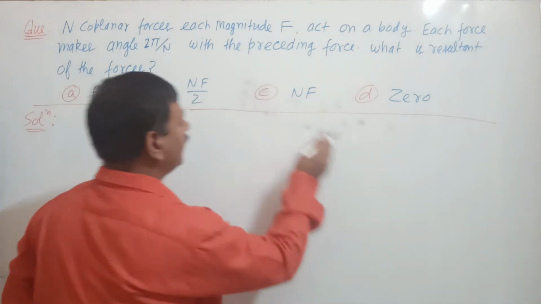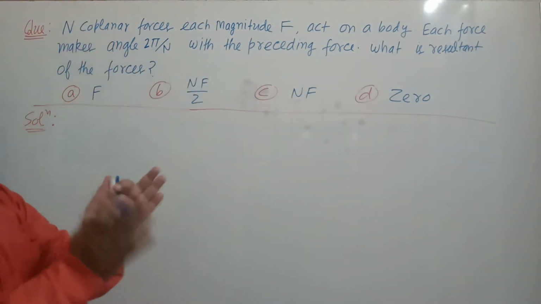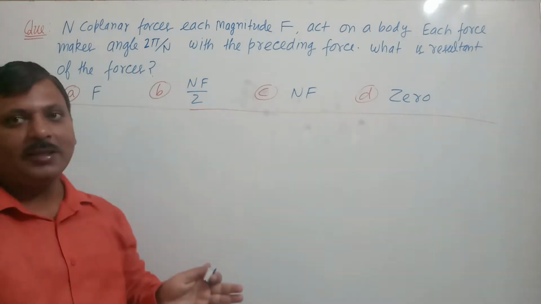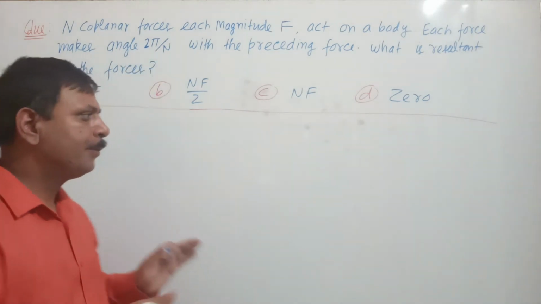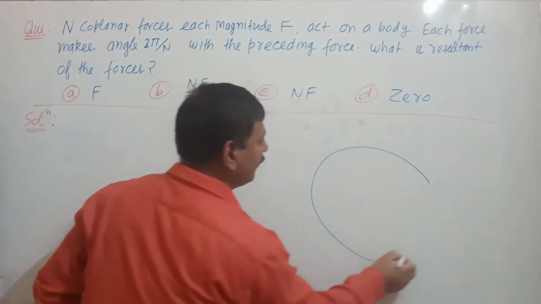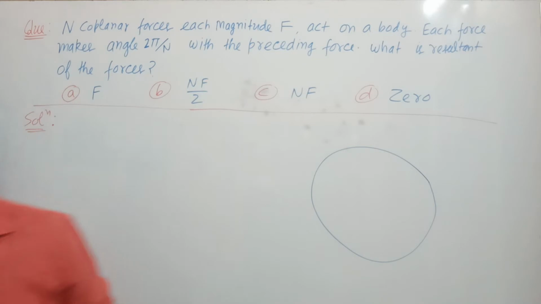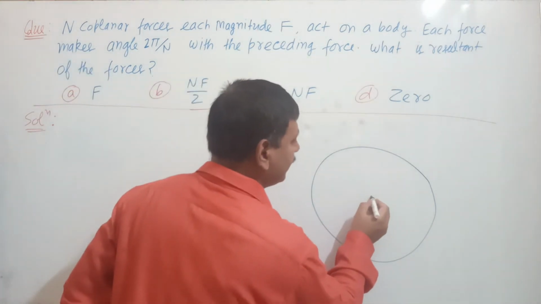See here, it is very easy. Because there are n coplanar forces and between two forces the angle is 2 pi upon n, the total angle, if you see, is n into 2 pi upon n, that is 2 pi. It is convenient that we represent all the forces in the form of a circle. How can we represent?